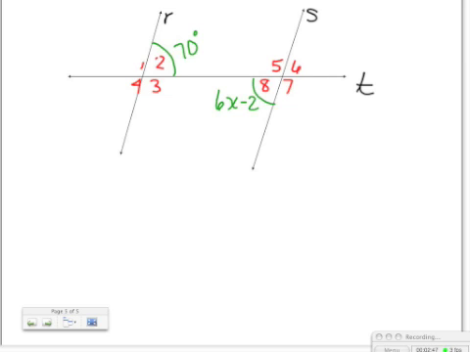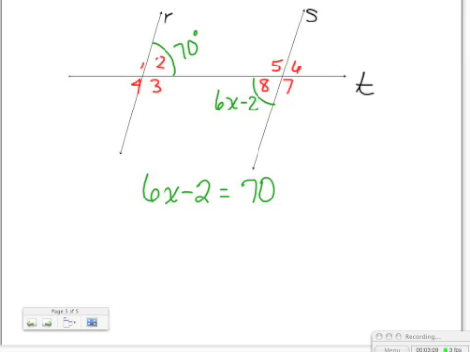How are we going to solve for x? 70 plus 6x minus 2 equal 180. Wrong. They equal each other. Angle 2 and angle 8 are alternate interior angles which equal each other. So 6x minus 2 is equal to 70.